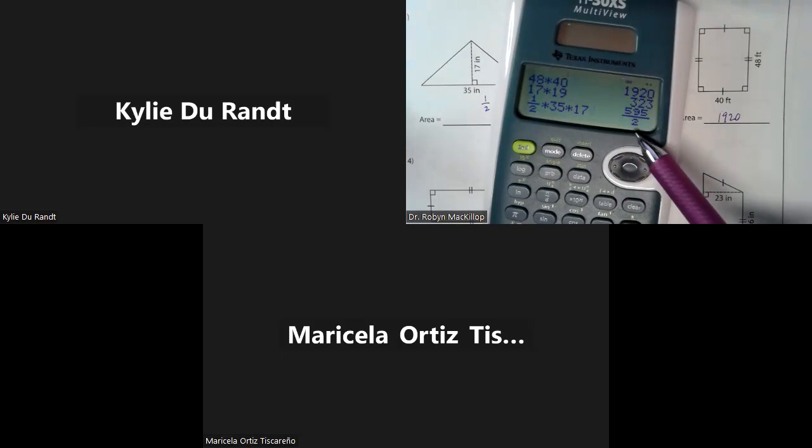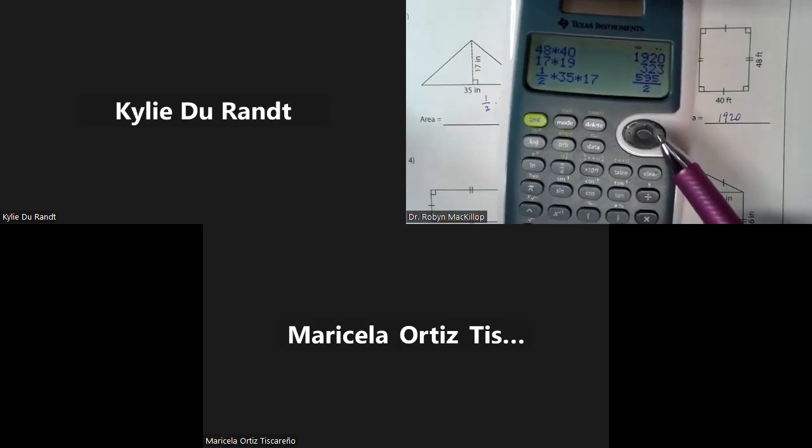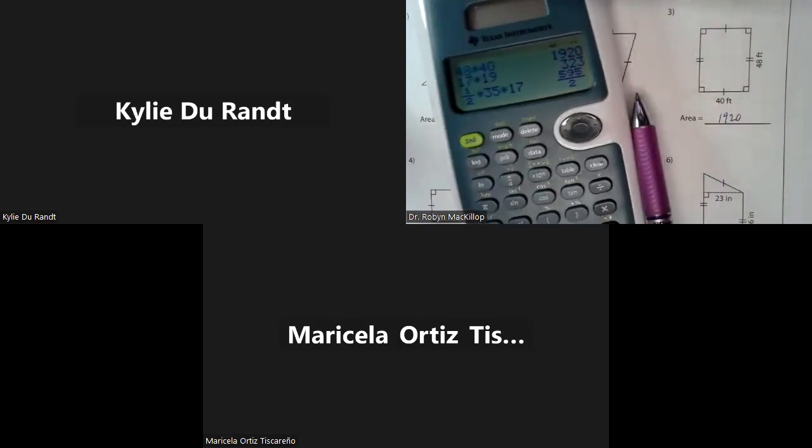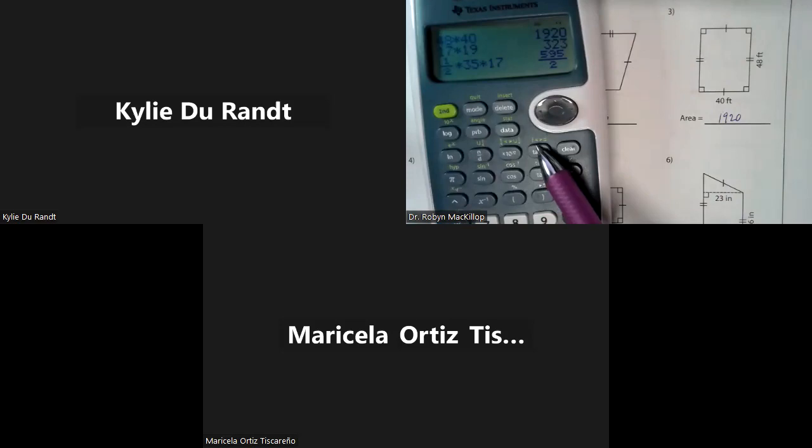Oh, that's lovely, isn't it? That will not be the answer on your GED test. So there's a way to get around that. We're going to turn it into a decimal. This button right here that says table, it's hard to see. My light is shining on that, reflecting. Right above it, it says fraction, toggle, decimal. So that's what we're going to use to get that into a regular number and not a fraction. And because it's on top, we're going to hit that green button.